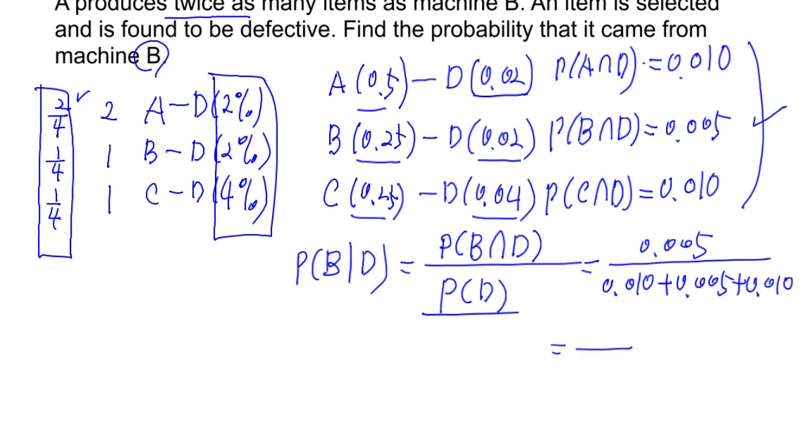Simply, if you multiply by 1000 the numerator and denominator, this will be 5 over 25, or 1 over 5, or 0.2, or 20%. Okay?